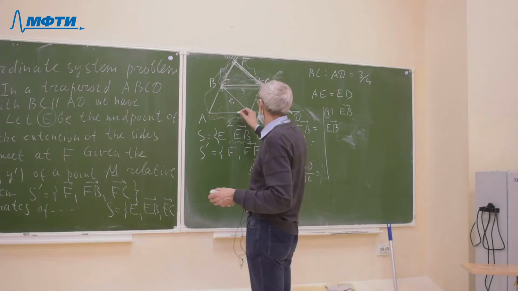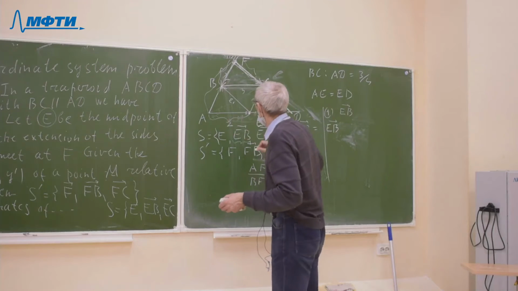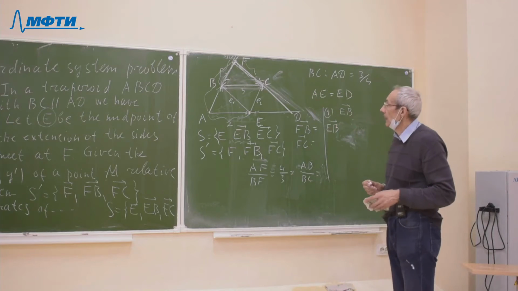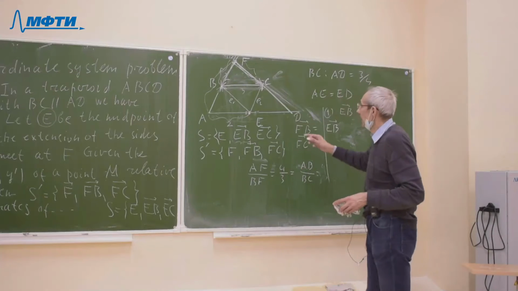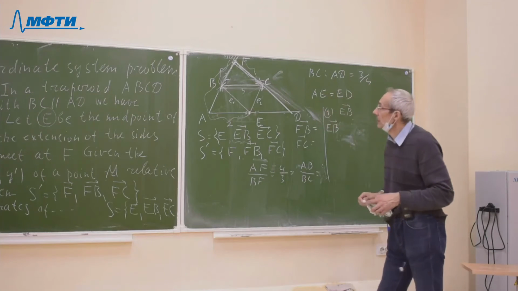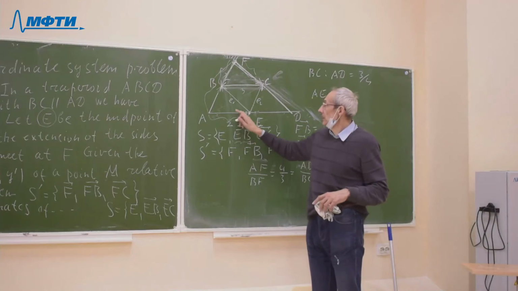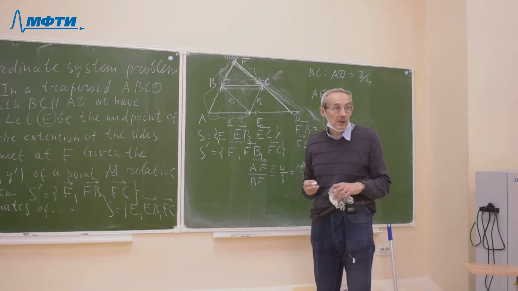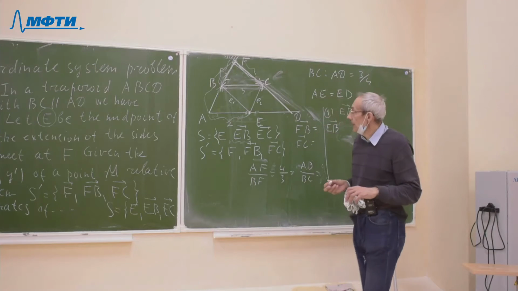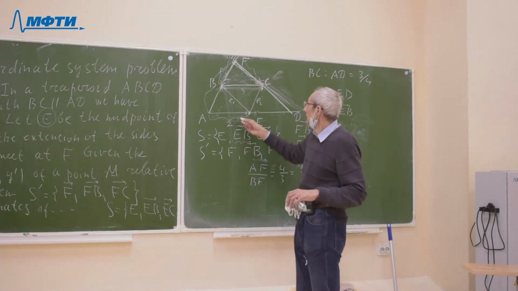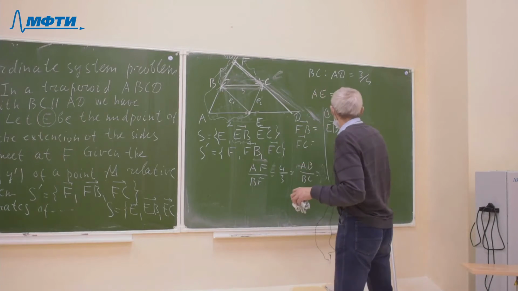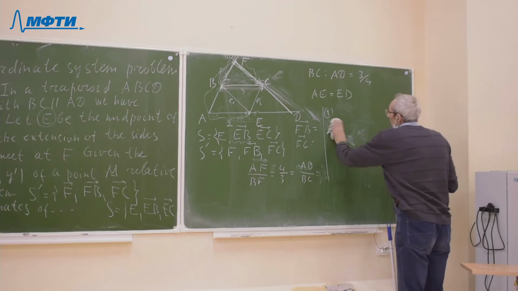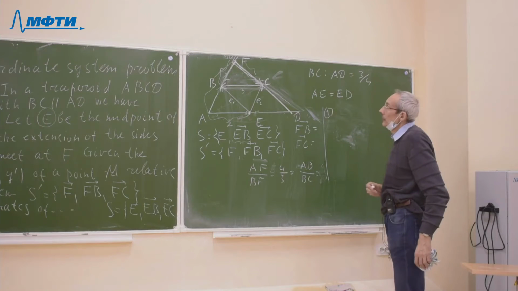Let's start with a new basis AE and AB, and let's try in terms of these vectors to express the vectors of the new basis and the old basis.